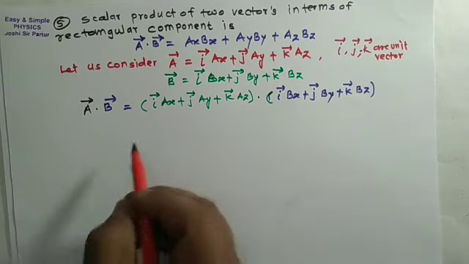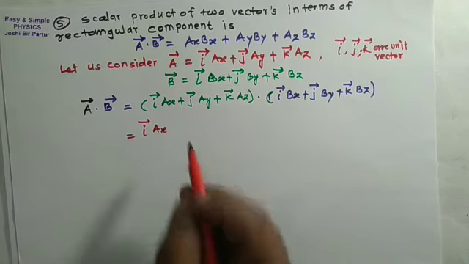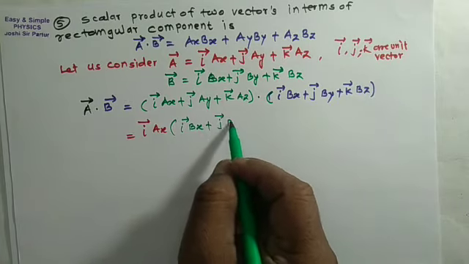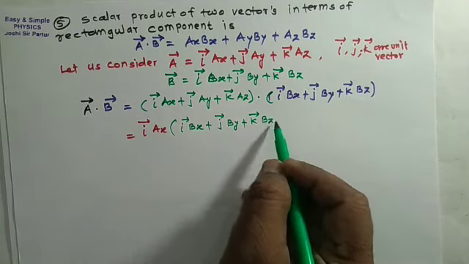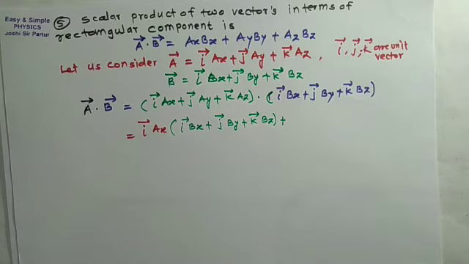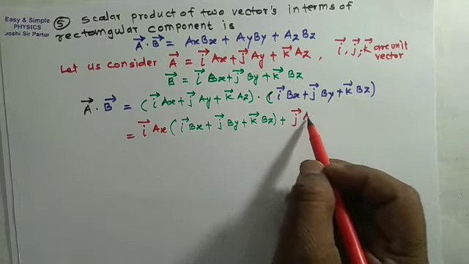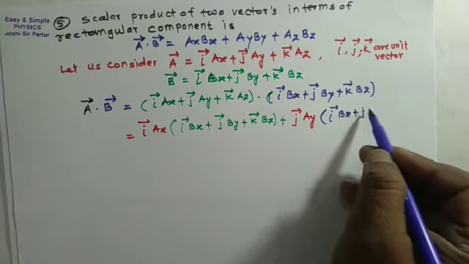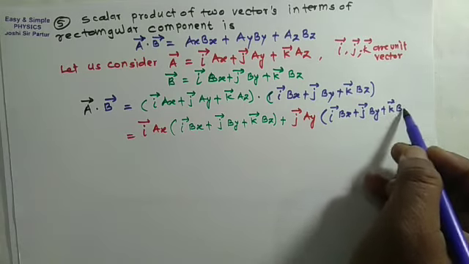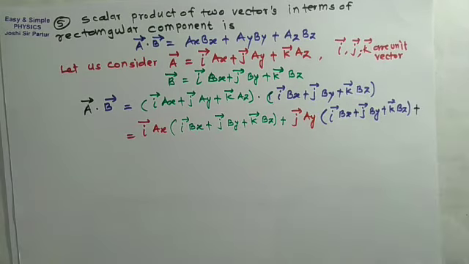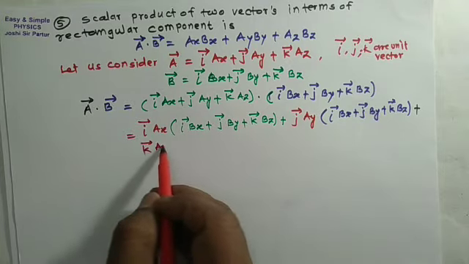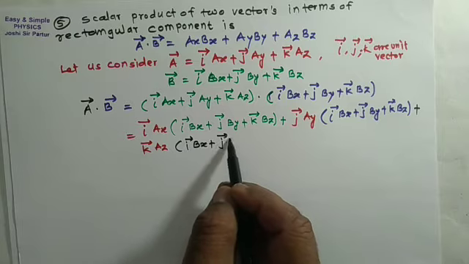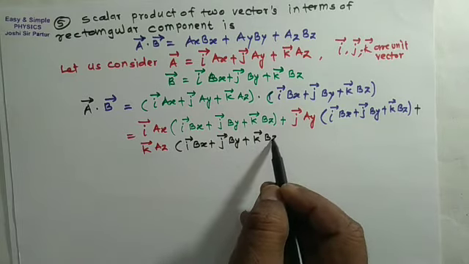So if we multiply, vector i Ax in bracket vector i Bx plus vector j By plus vector k Bz, plus another term, vector j Ay in another bracket vector i Bx plus vector j By plus vector k Bz, plus vector k Az in bracket vector i Bx plus vector j By plus vector k Bz.